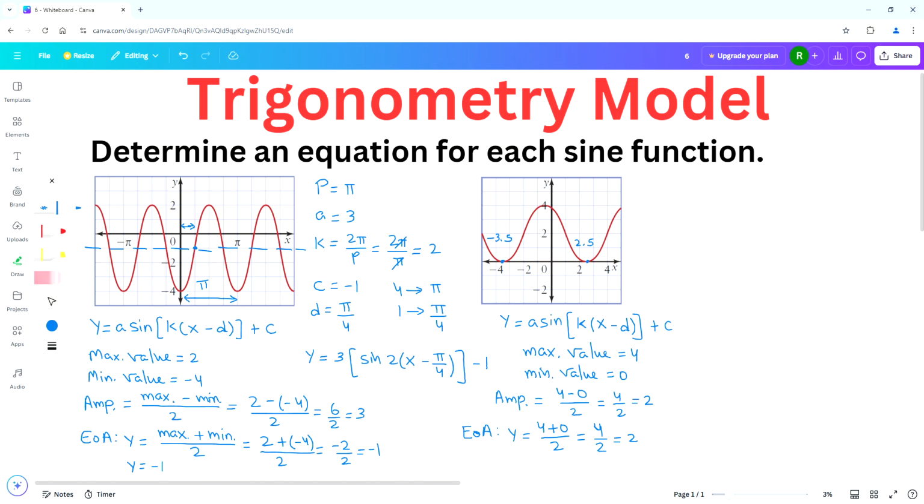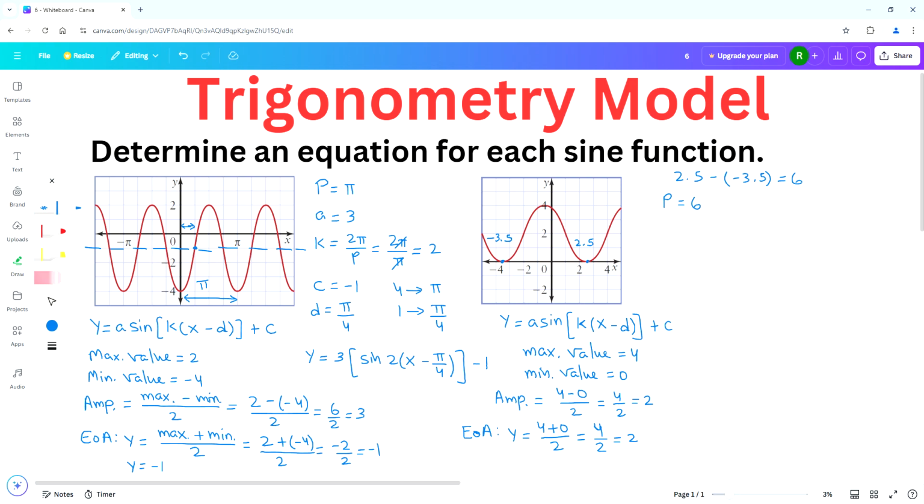We can calculate the distance between these 2 points by subtracting negative 3.5 from 2.5, which is equal to 6. So the period for this function is 6.